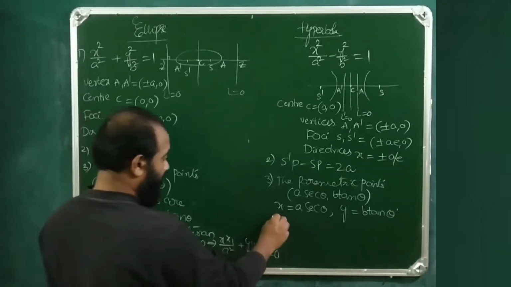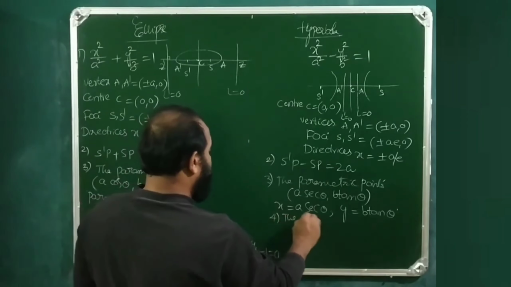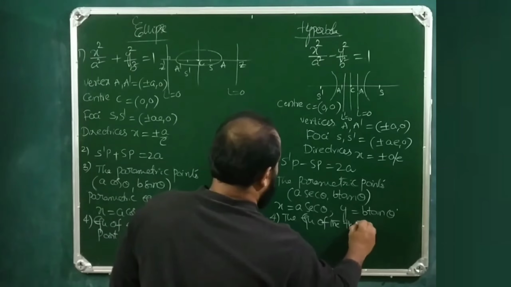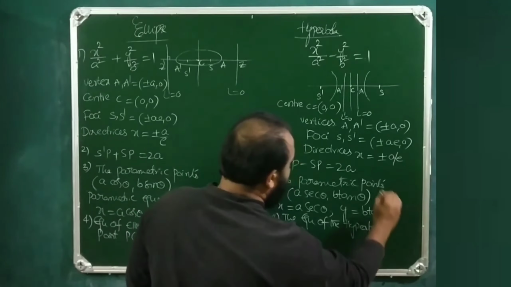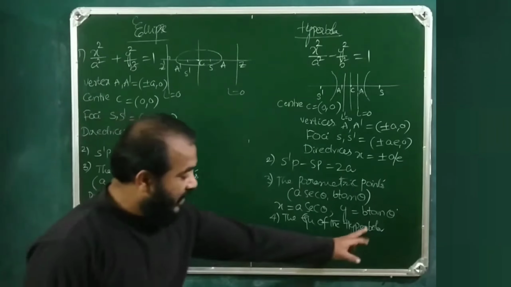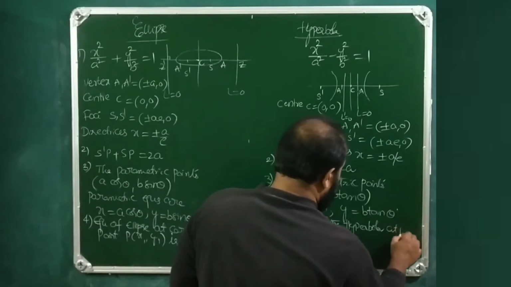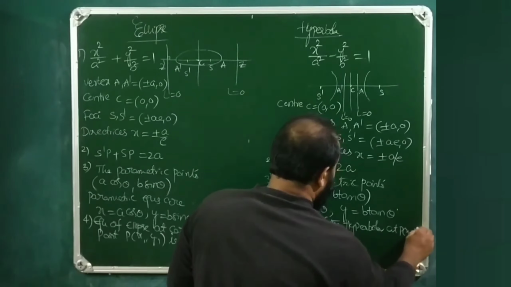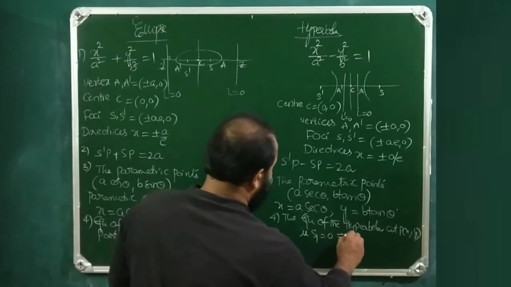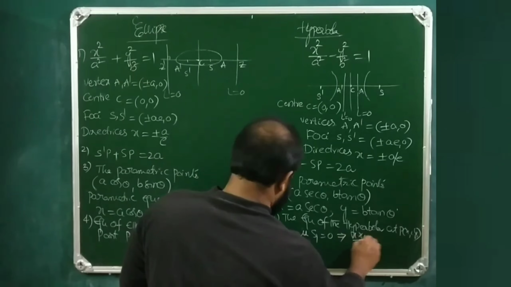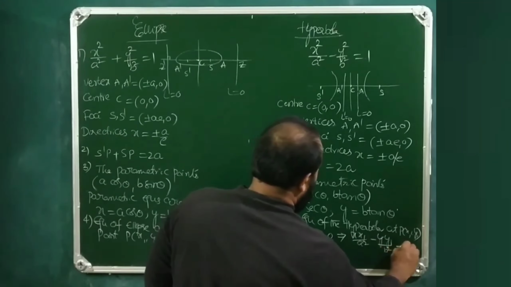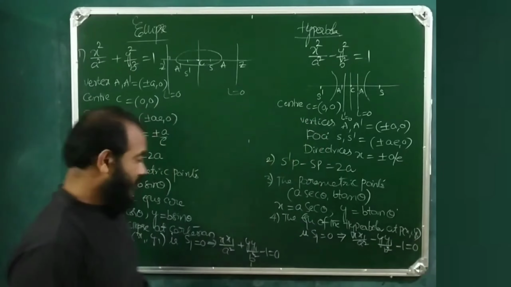Here the equation of the hyperbola at the Cartesian point P(x1, y1) is S1 equals to 0. That means xx1 by a square minus yy1 by b square minus 1 equals to 0.